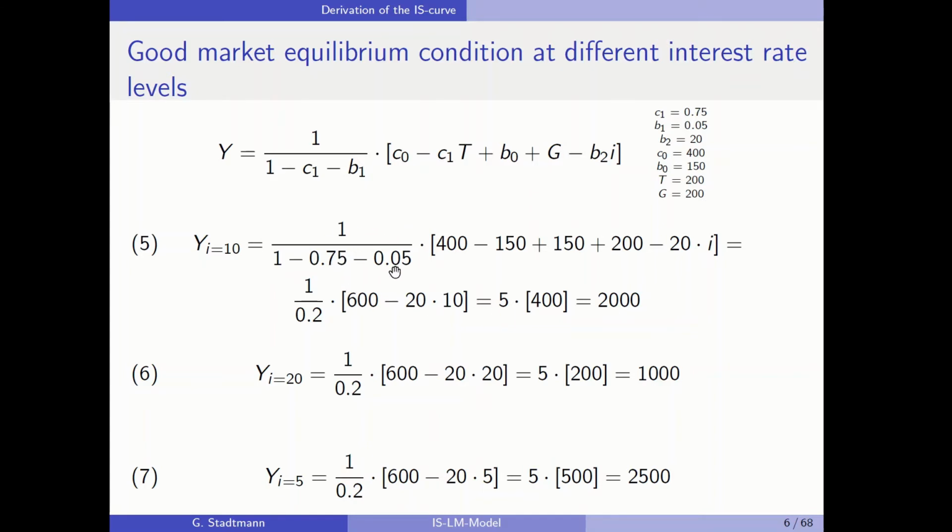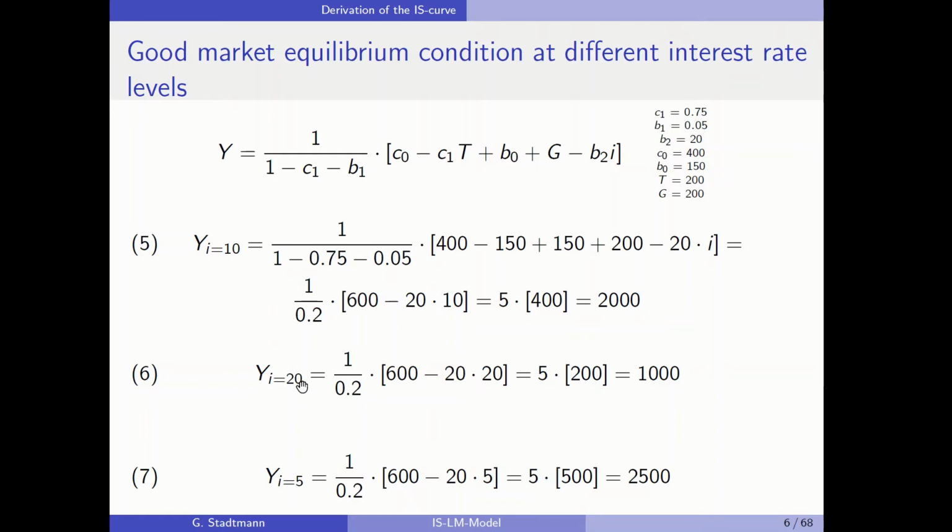This is computed in the following way: we are inserting all the information we have in the fraction in front of the square brackets. The fraction in front of the square brackets is 1 over 0.2. So 1 minus 0.75 minus 0.05 is equal to 0.2. And then the term in the square brackets, so that the equilibrium level is equal to 2,000.